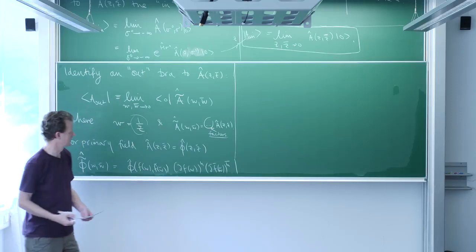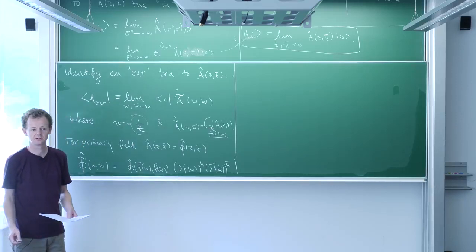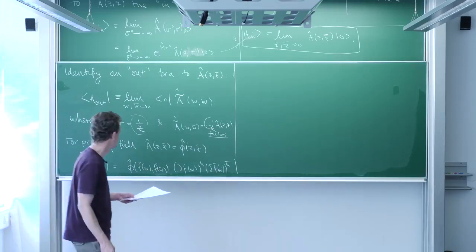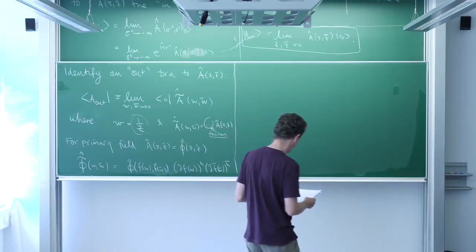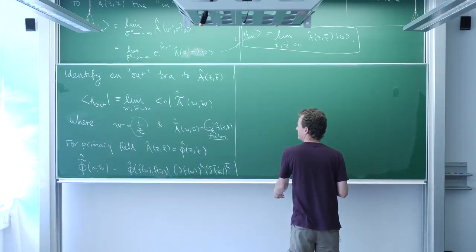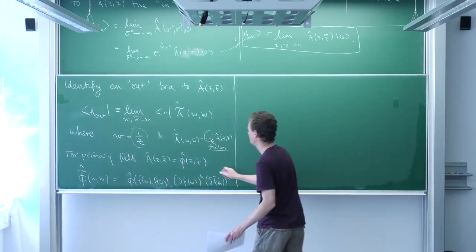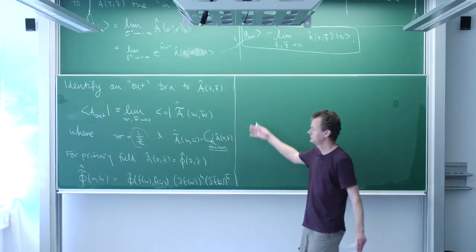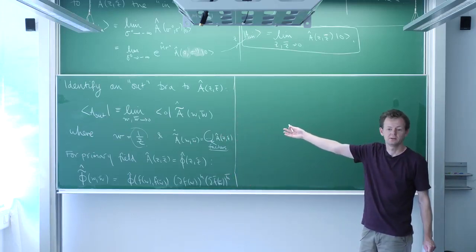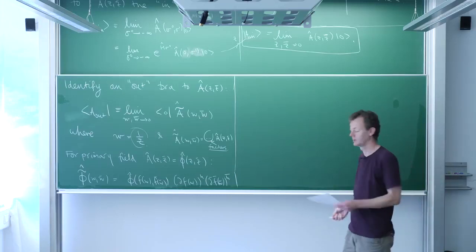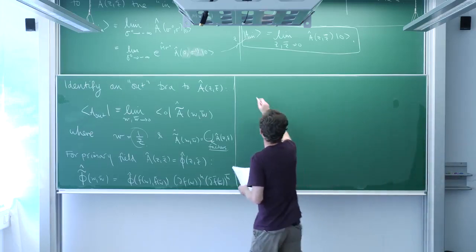That's the rule for how a conformal field transforms under a conformal transformation of the argument. So at least in that case, we're going to be able to work out the out state corresponding to a primary field.